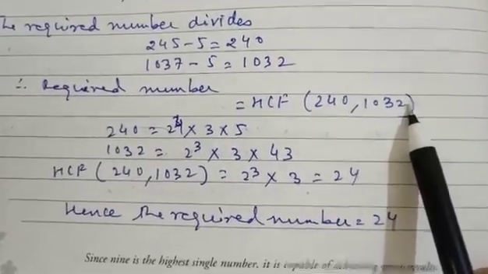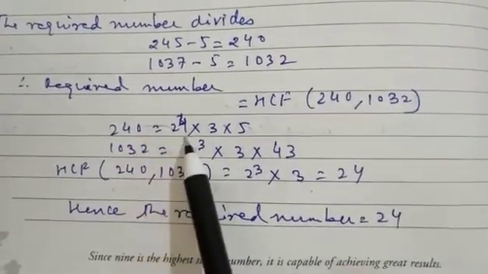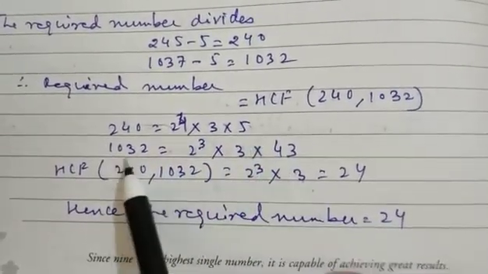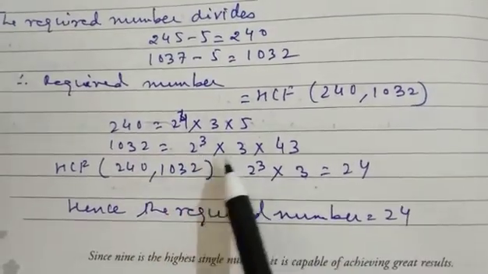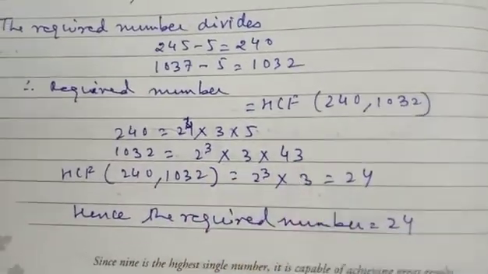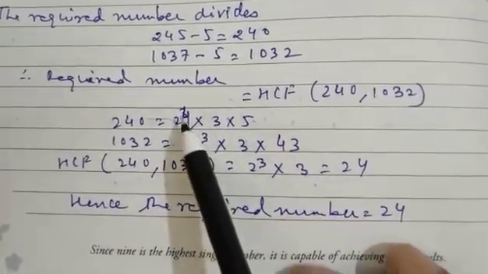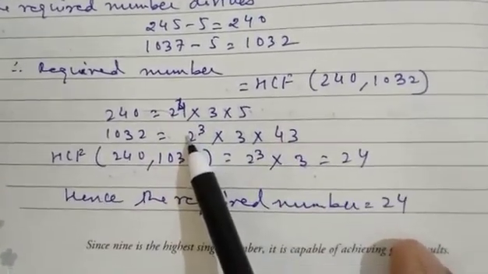We will go for the prime factorization of 240, that is 2 power 4 into 3 into 5. The prime factorization of 1032 will be 2 power 3 into 3 into 43. And as we know, in the case of HCF, we will look for the common factors with its lowest power.